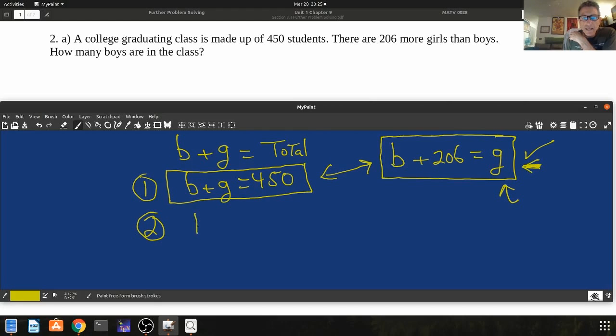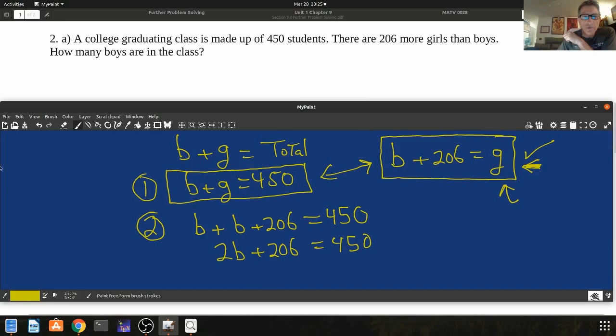So I have B plus G is B plus 206, and that total is equal to 450. So now I'm going to simplify. B plus B is 2B plus 206 is equal to 450.